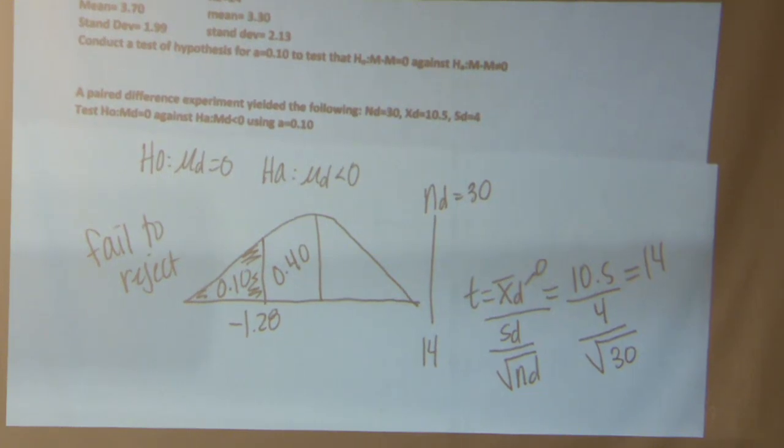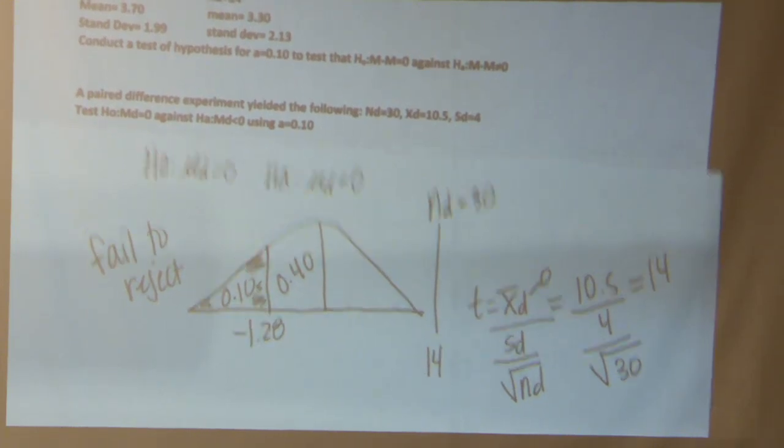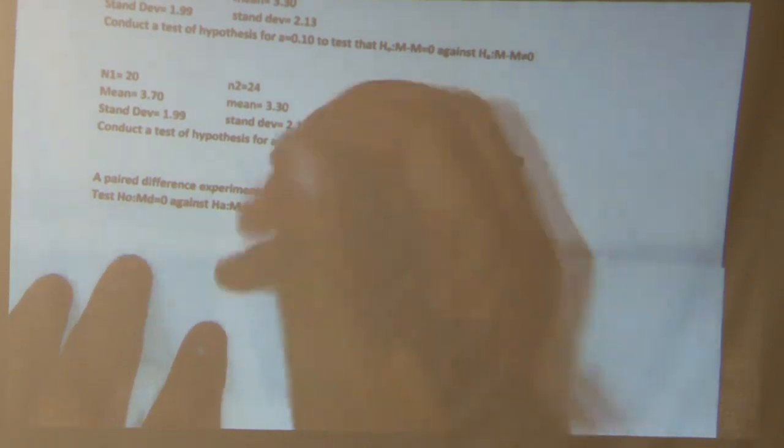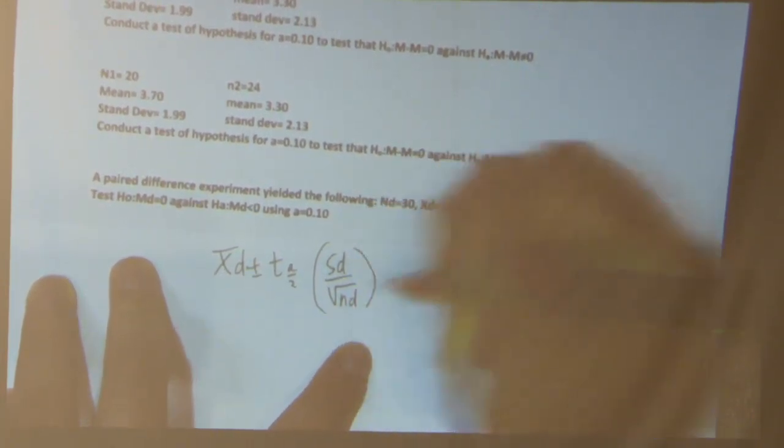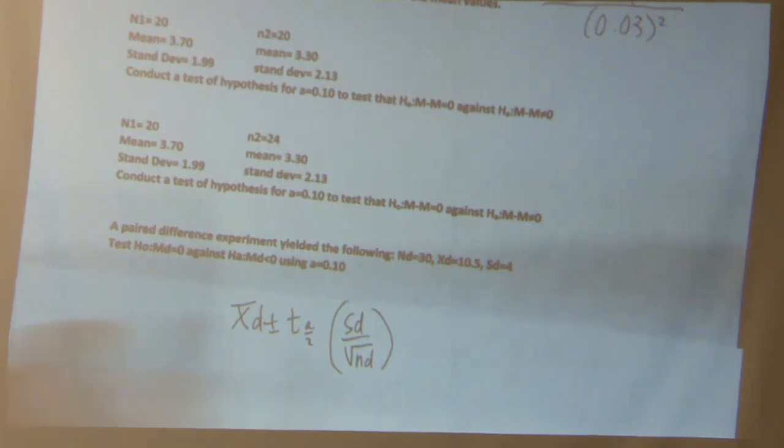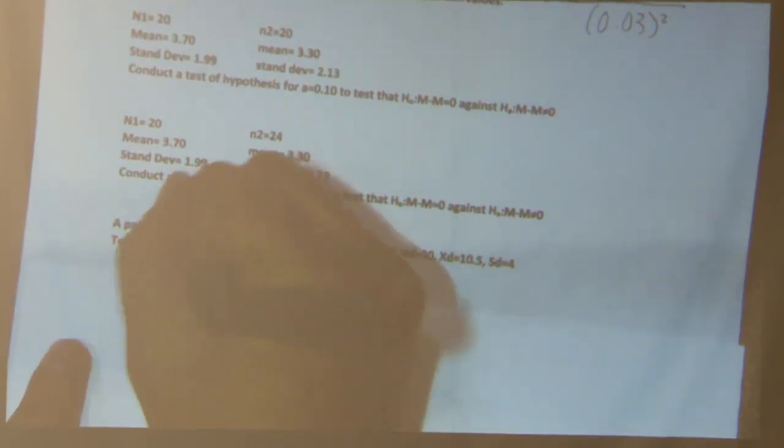Now, if we wanted to do a confidence interval for this, the confidence interval formula is going to be X bar D plus or minus T alpha halves times SD divided by the square root of ND. Let's say we are doing a 94% confidence interval.